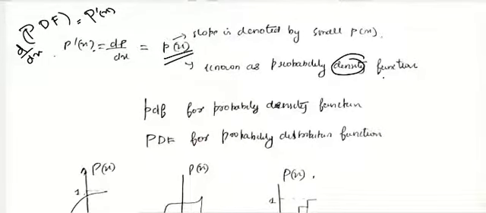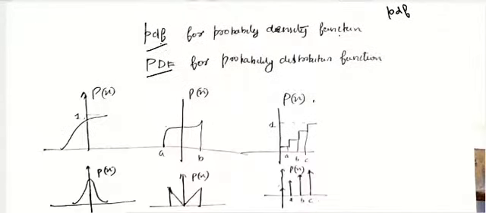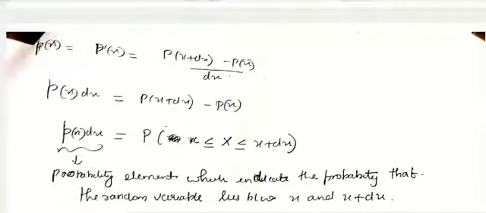It is denoted by small pdf. Small pdf for probability density function and caps for probability distribution function. Probability density function is nothing but the derivative of the probability distribution function. And what is P dash of x?